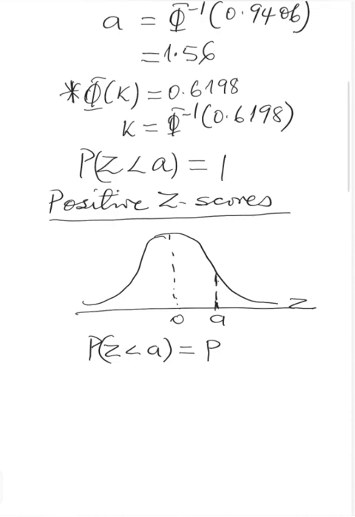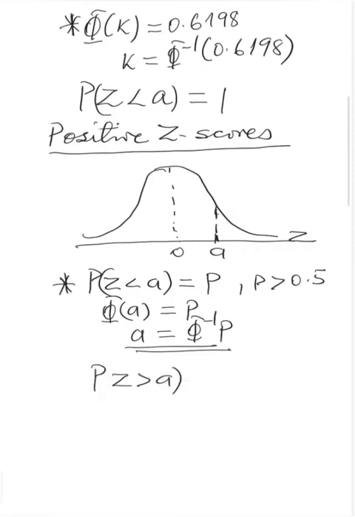So where you would have the less than inequality and the value of p is greater than 0.5, you would know that you are dealing with a positive z value. So in this case, I would say phi of a equals p, since that area lies directly to the left of a, and from there a would simply be phi inverse of p.